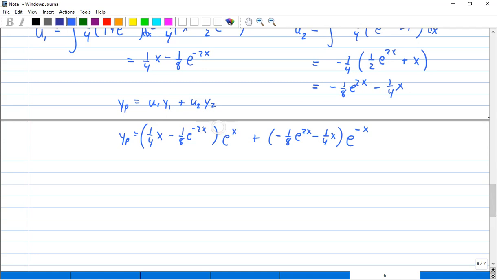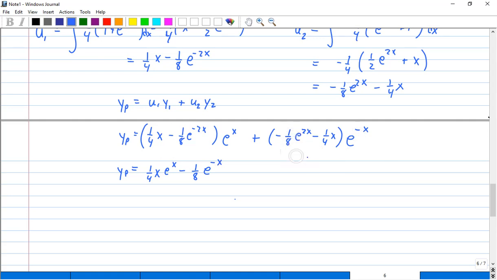Alright, so now let's multiply those in and see if we have any like terms we can combine. A lot of times that'll happen. Stuff's going to cancel out, stuff's going to combine here. So that's 1/4 x e to the x minus 1/8 e to the, if you add those powers, that's going to be negative 1x.